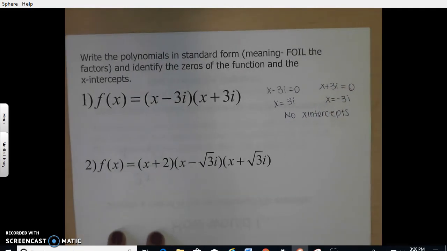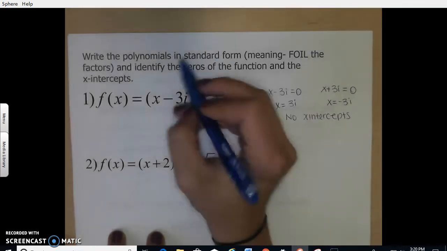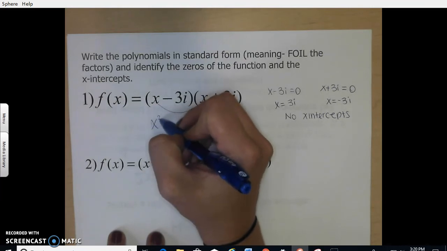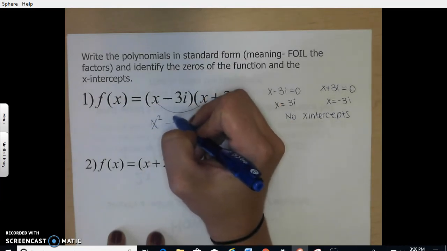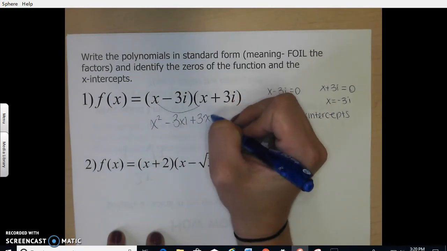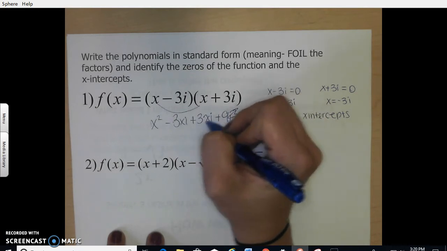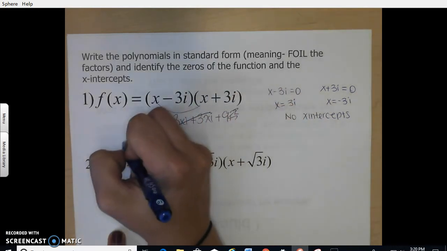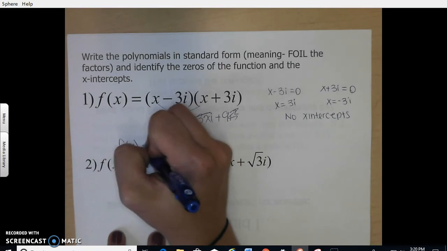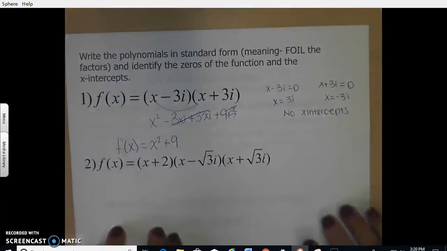We have no x-intercepts because we only have imaginary zeros. And standard form would be x squared minus 3xi plus 3xi minus 9i squared, and our function would be equal to x squared plus 9.